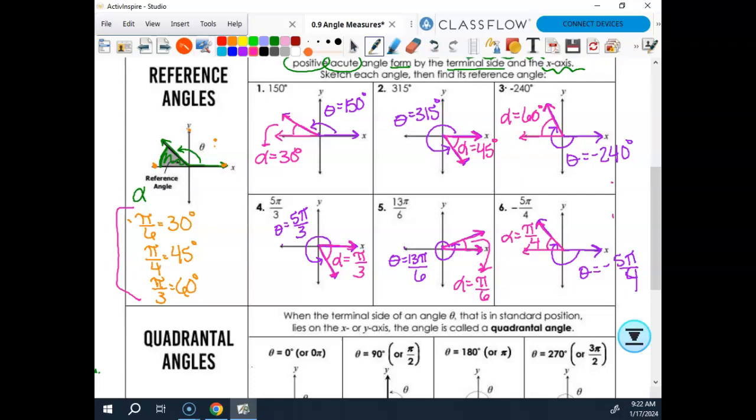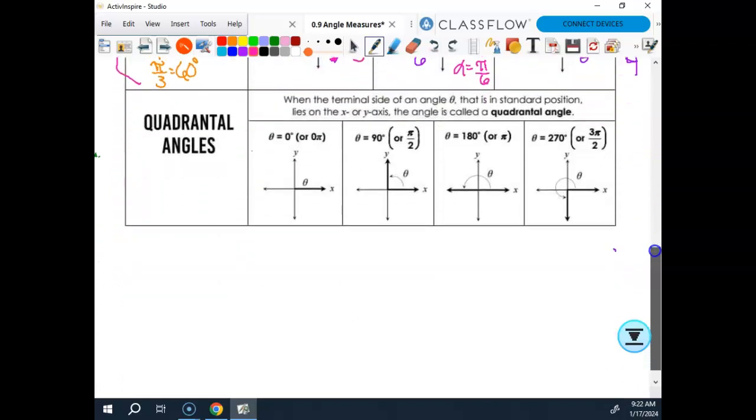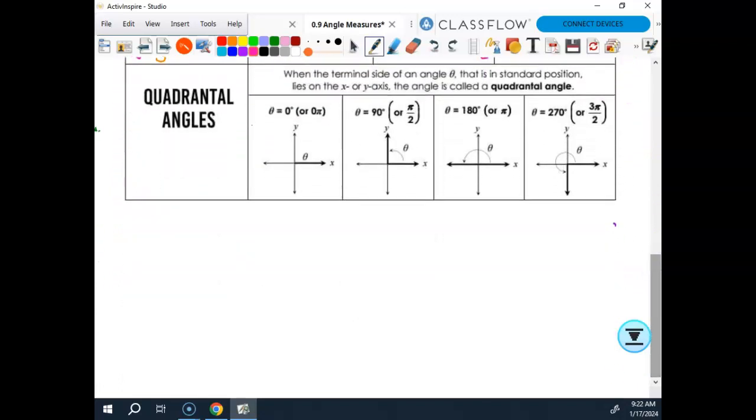Any questions? All right, now, we talked about quadrants here. I said, what quadrant are we in? Well, what if you don't land in a quadrant? What if you land on an axis? Then you have something called a quadrantal angle. When the terminal side of an angle that is in standard position lies on the x or y axis, then it's called a quadrantal angle.